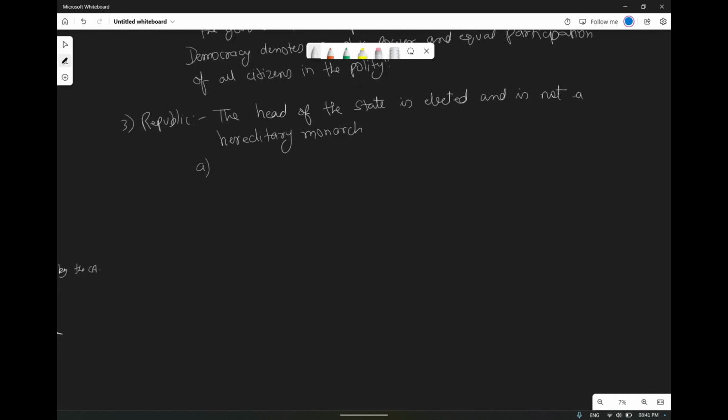Another important thing is that political sovereignty is in the people, not in a single individual like a king.